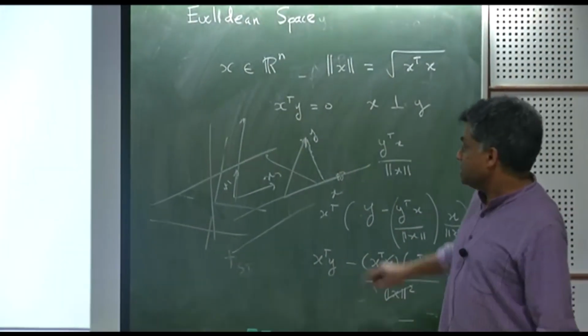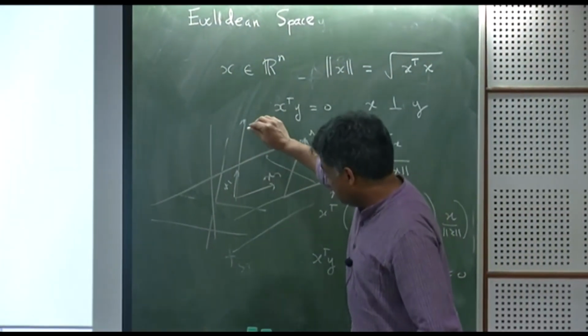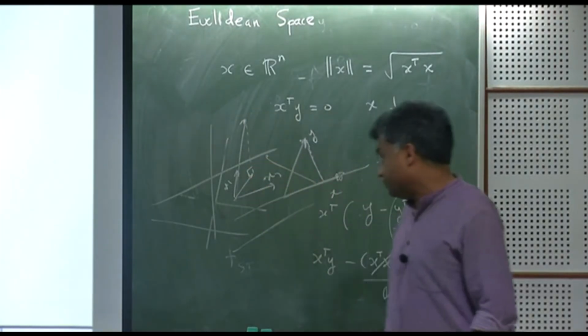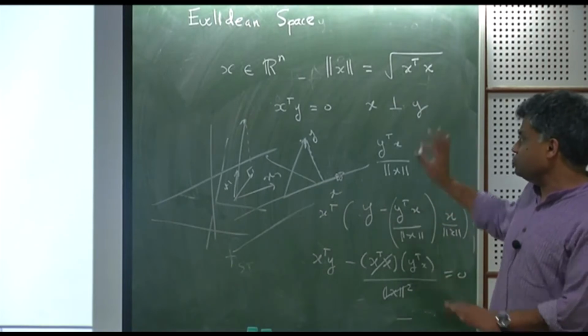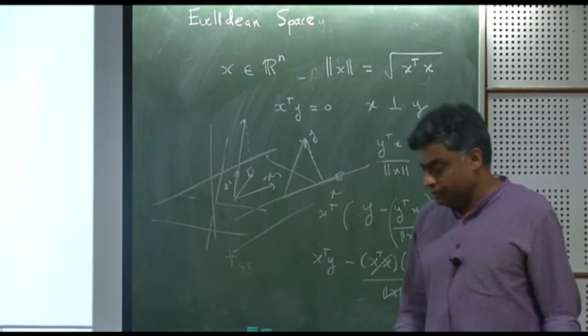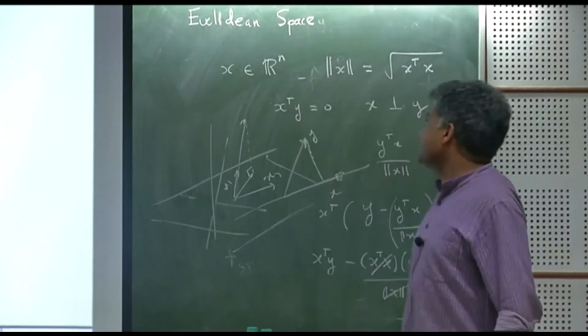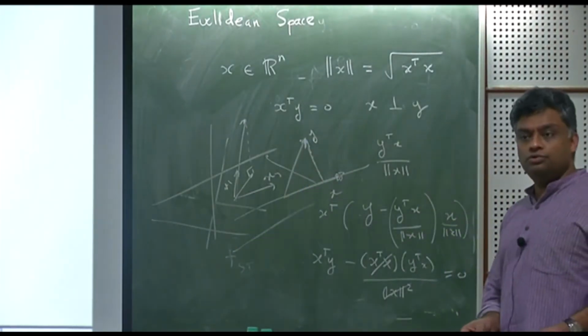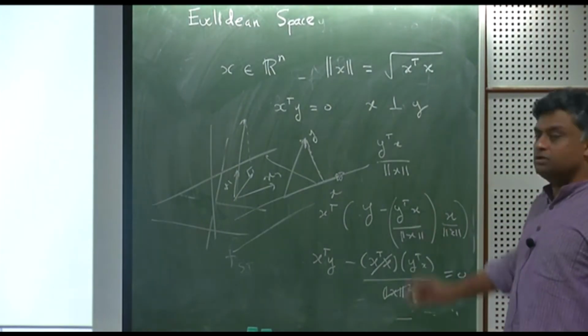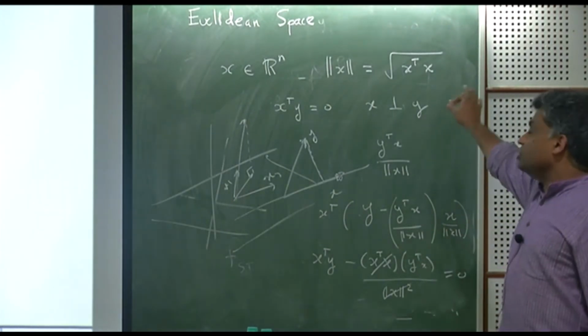You basically look at a projection that comes onto the plane, and this is 90 degrees. All of these things you can do in Euclidean space. All right. Now what I want to do is generalize this idea to a general space. Forget about these vectors and the inner product of vectors.